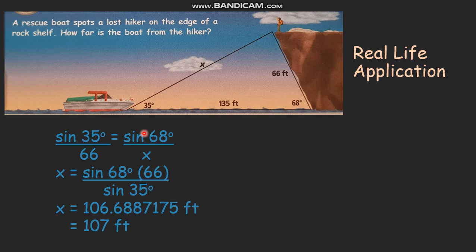So we write that down, and then using cross multiplication, you'll find out that X is equivalent to sine 68 times 66 over sine 35. Put that in your calculator and you will find out that X is equivalent to 106.6887175, which is approximately 107 feet.